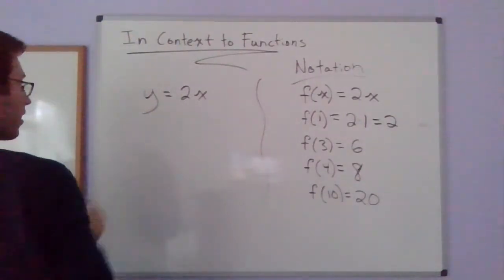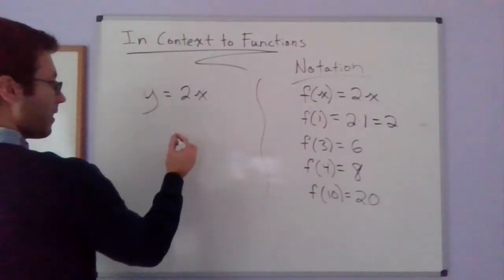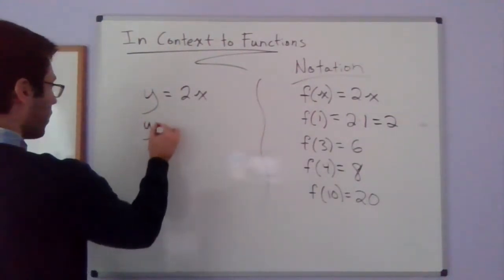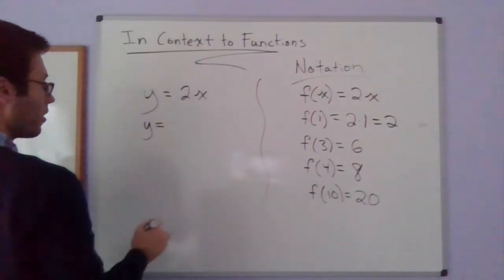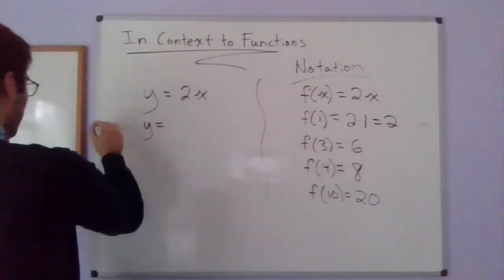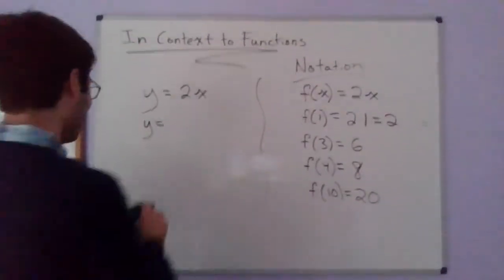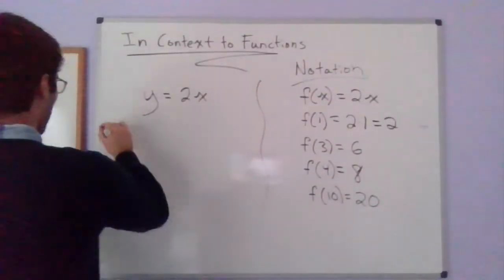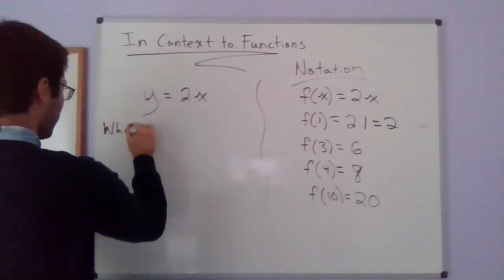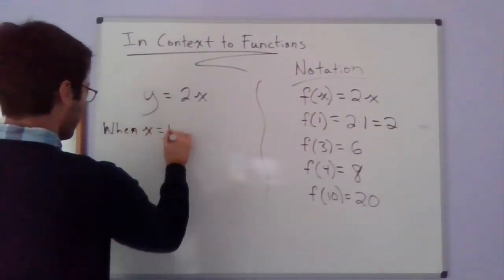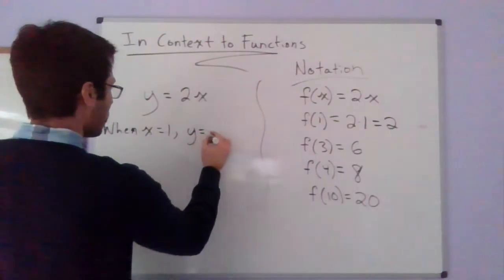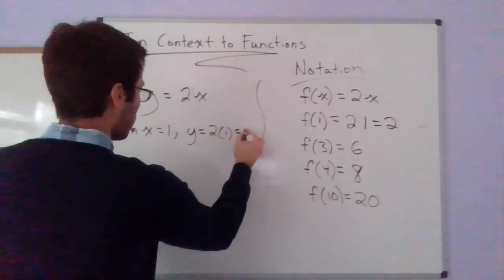When we do this here, we can't really represent that in the same way. So we would have to write y equals, here. It's hard to even represent this when, say, x equals 1, we know y would equal 2 times 1, which would be 2.